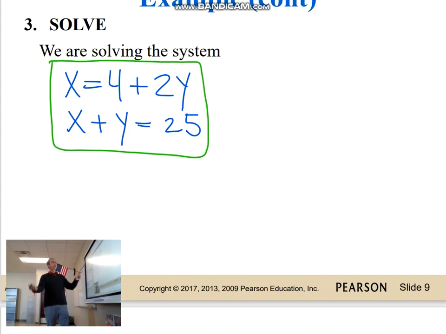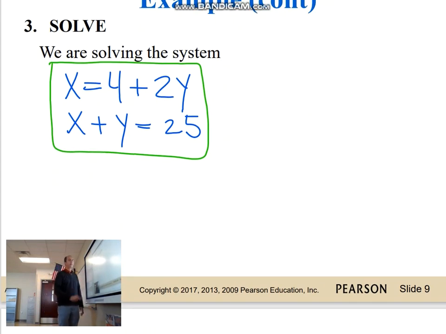In the last section, we learned 3 methods to solve a system of equations. We can solve by graphing, we can solve by a substitution method, or we can solve by elimination method. It's up to you. Maybe since we have x equals 4 plus 2y, we can use substitution method, right?